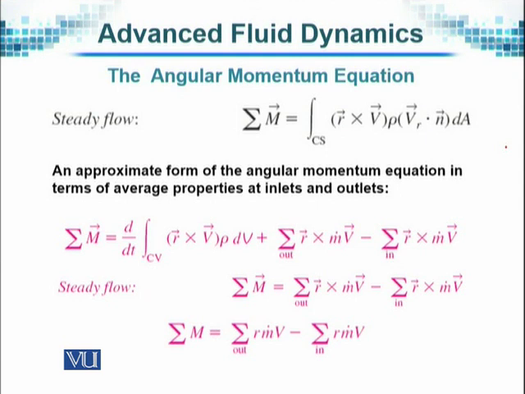If the flow is steady, this term will disappear, because in that case there will be no change with respect to time. Plus the other forces: r cross m dot, rate of change of mass, into the velocity at the outlet, minus r cross m dot into V at the inlet.